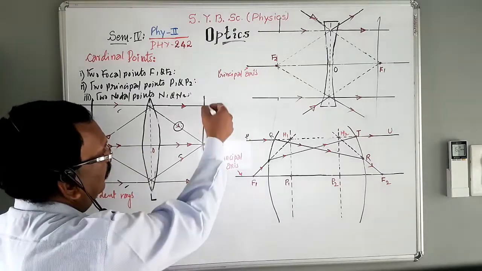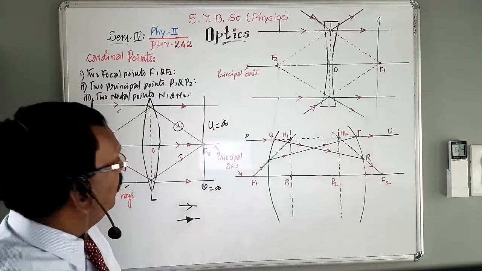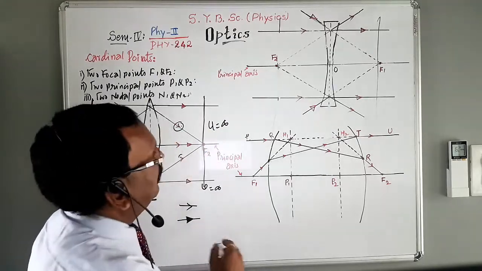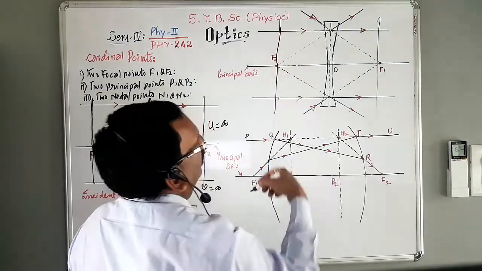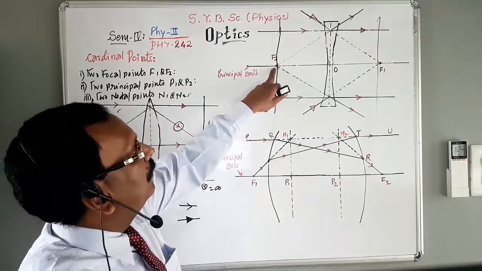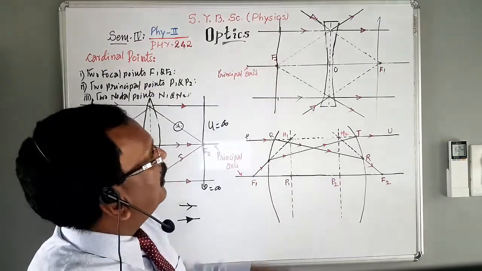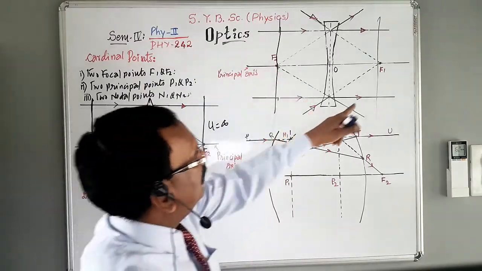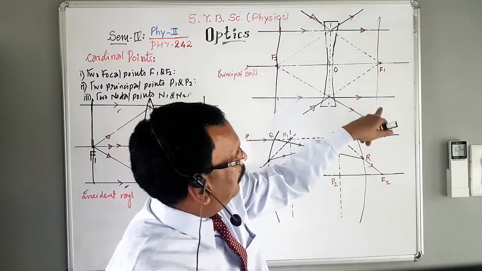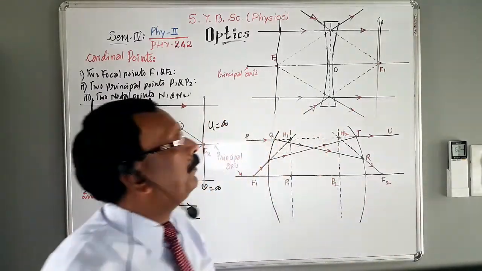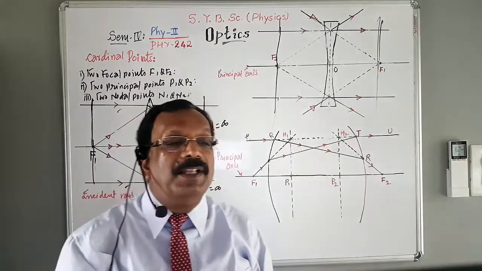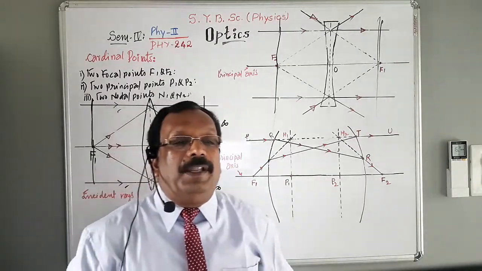This is the plane passing through the focal point F2 and perpendicular to the principal axis. Here also we can draw the plane perpendicular to the principal axis and passing through F2. Here is one more, the plane passing through the focal point F1. Such types of planes are known as focal planes.